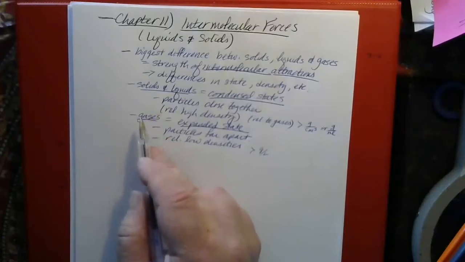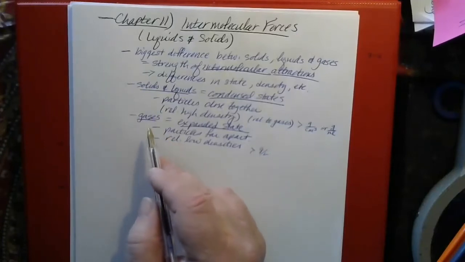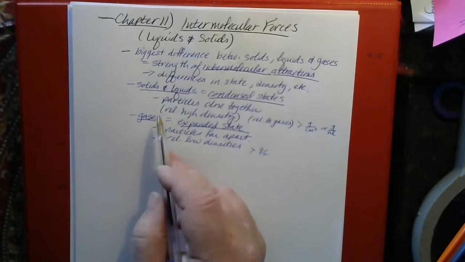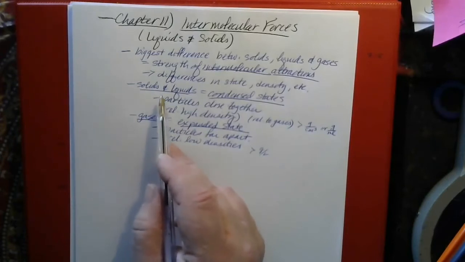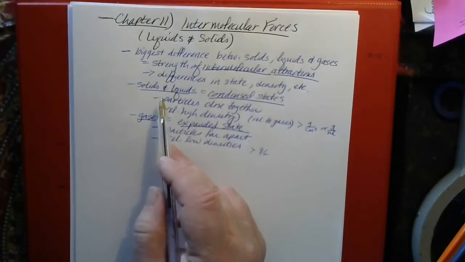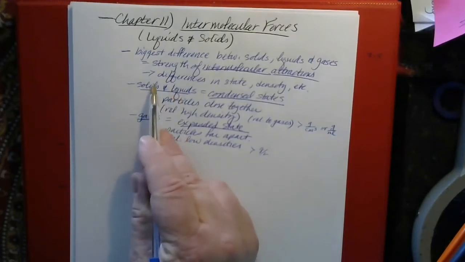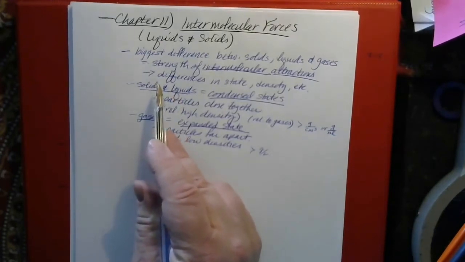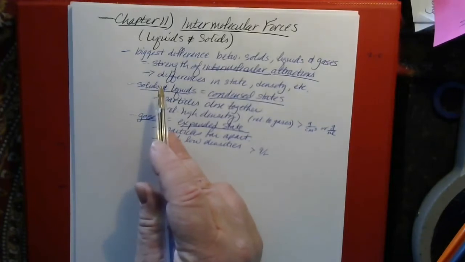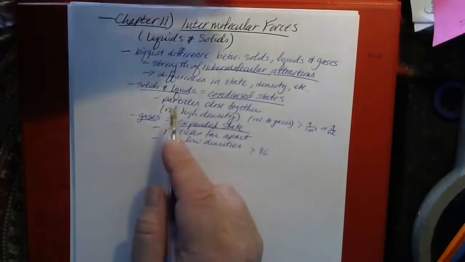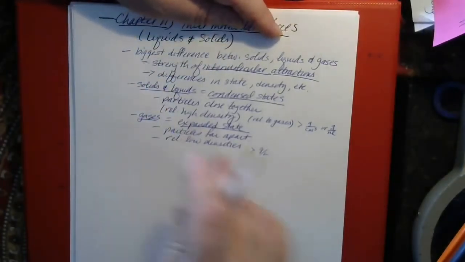So 1 mole of water vapor has a volume of 22.4 liters, whereas 1 mole of liquid water has a volume of 18 milliliters. That's a huge difference between 18 milliliters and 22.4 liters. For solid water, ice, the molar volume is, I think, about 19.6 milliliters. So it's close to the molar volume of liquid water and way far away from the molar volume of the gas.